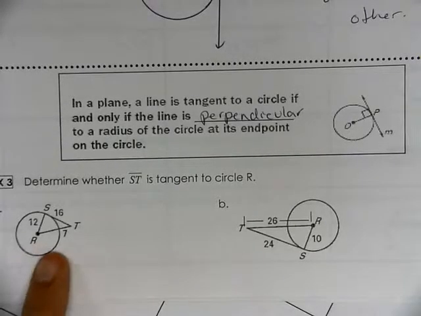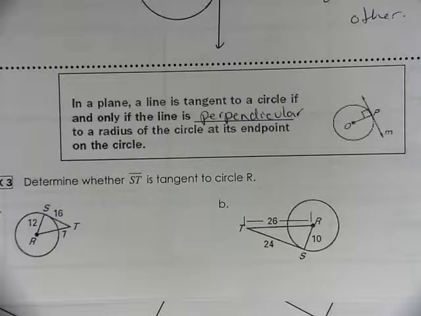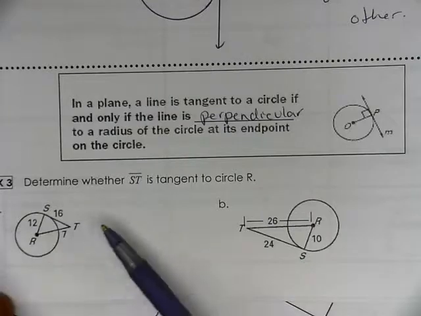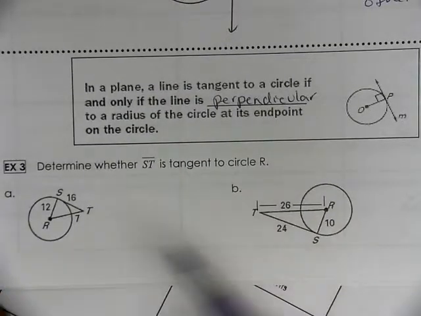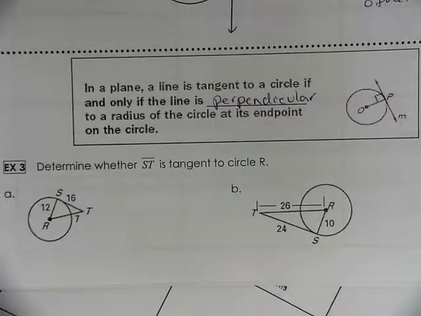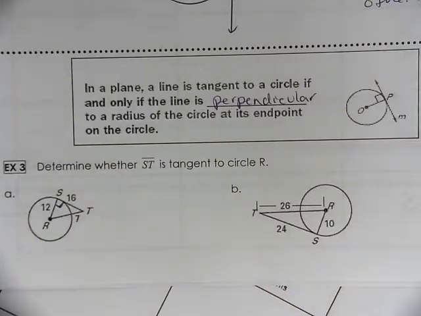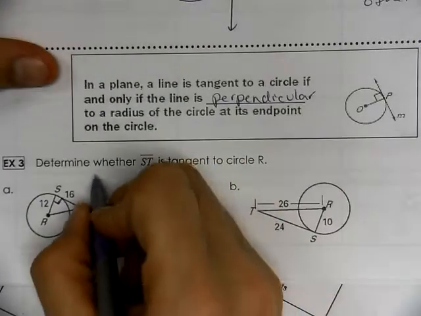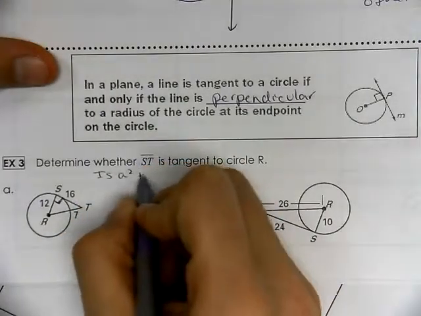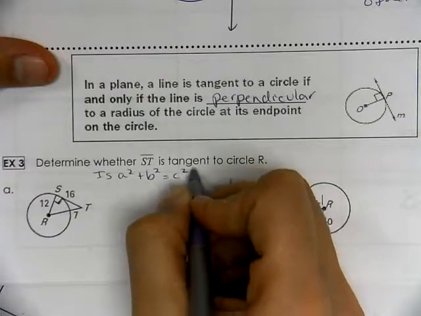So if I'm looking at example 3a, it says, determine whether ST is the tangent line to circle R. What we're going to do is use the Pythagorean Theorem, because it gives me a right triangle, which means there's a right angle. We want to create the right angle with the radius to the tangent line here. So we're going to check, is a squared plus b squared equal to c squared?